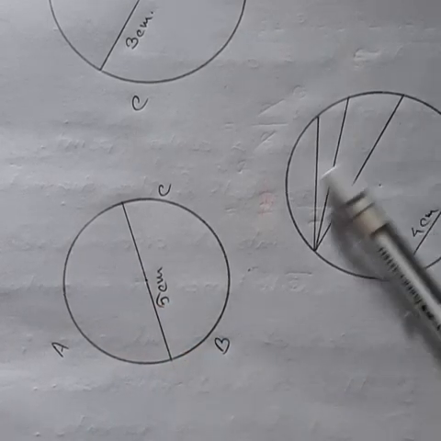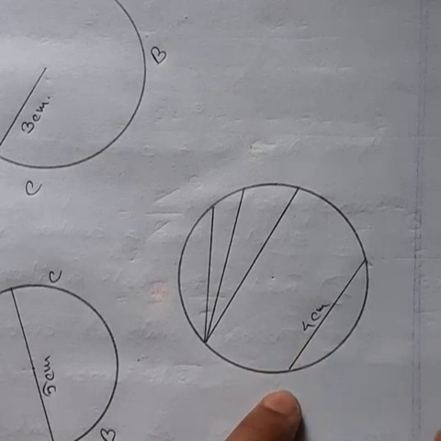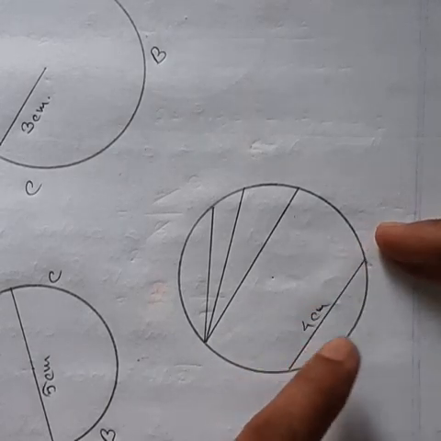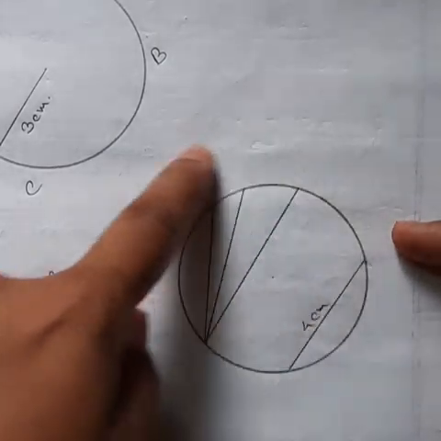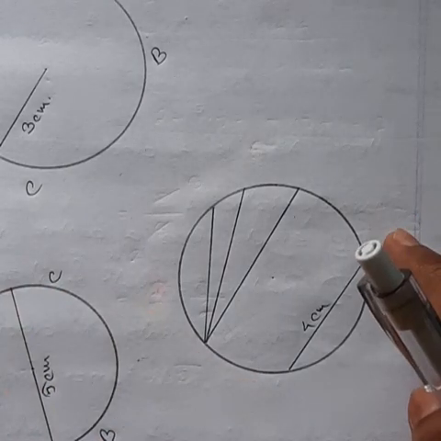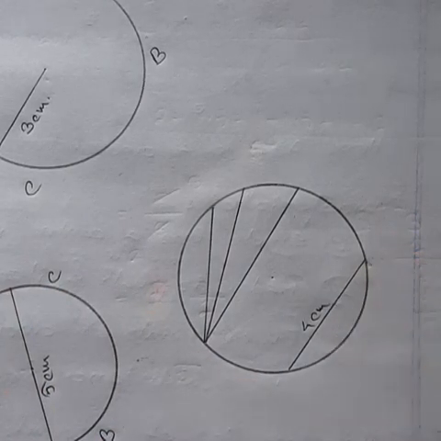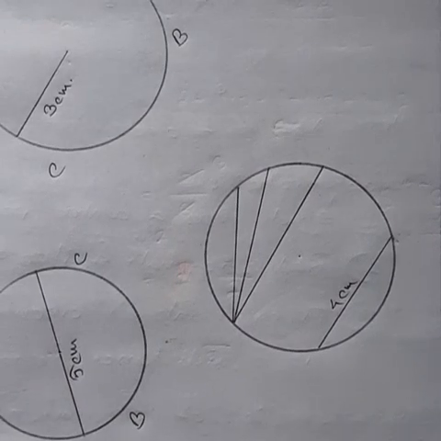No one else can, because a chord divides the circle into a smaller part and a bigger part. So only a diameter can cut the circumference into two equal parts.